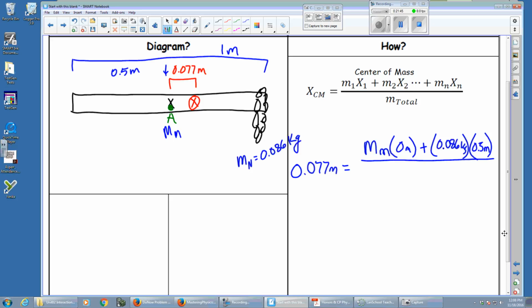And then we total up our masses, which is M sub M plus 0.086 kilograms. What's 0 times something? 0. Oh, so this gets simpler, right?